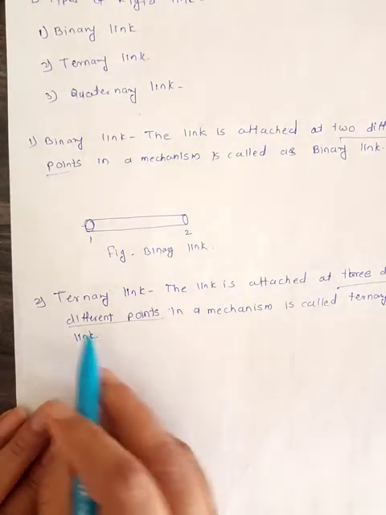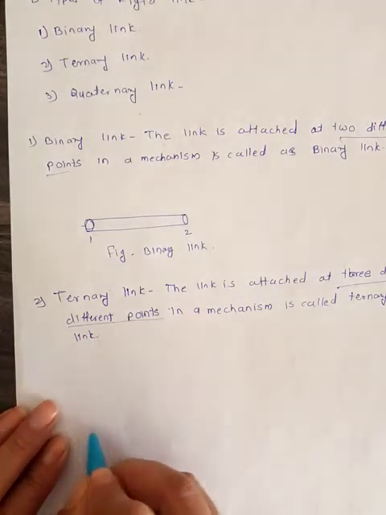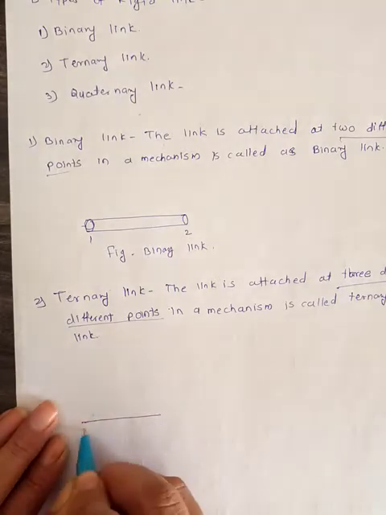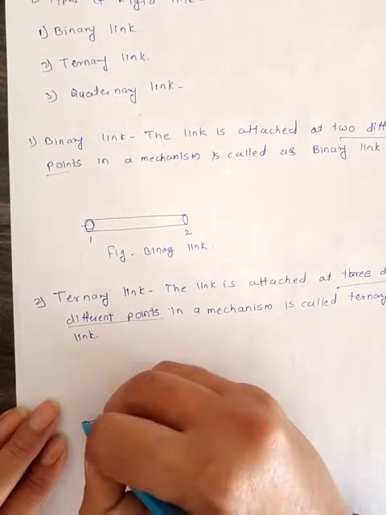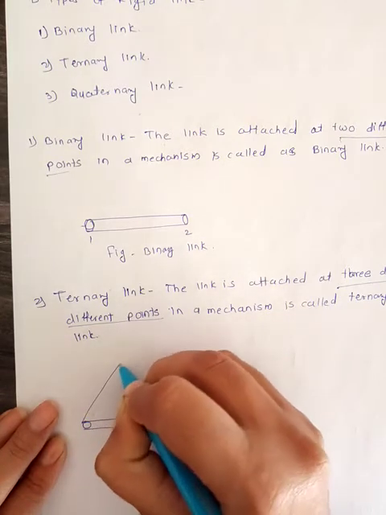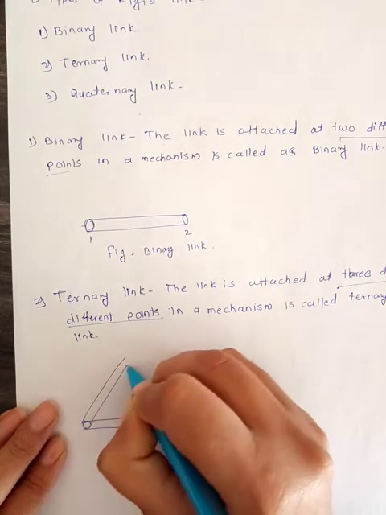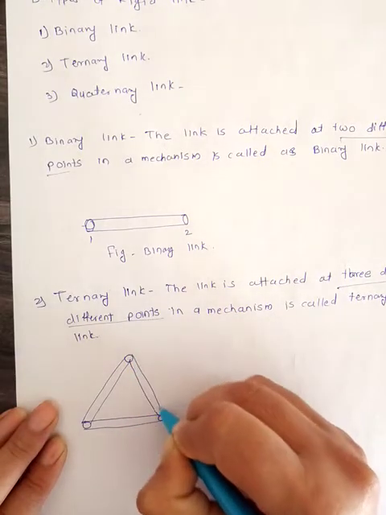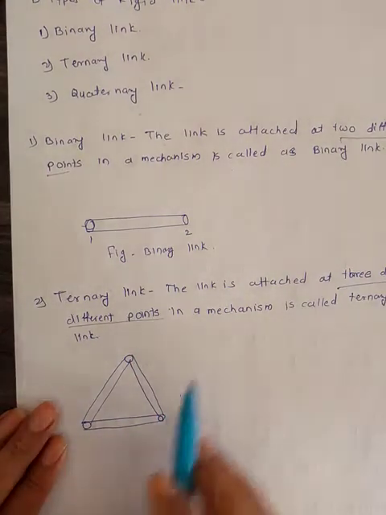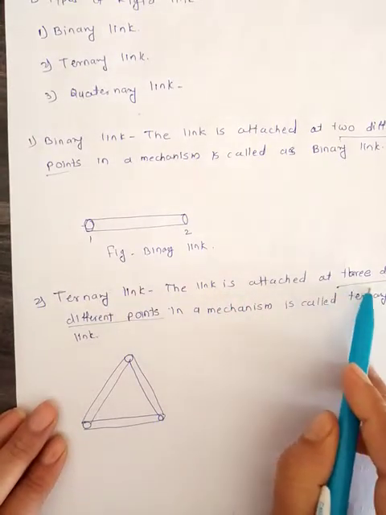How is the tertiary link drawn? Suppose this is the link, and it is attached at three different points.